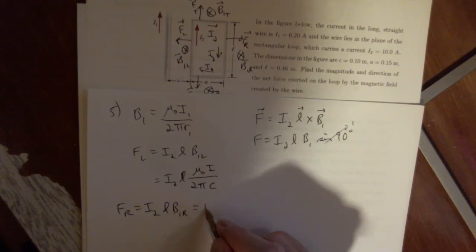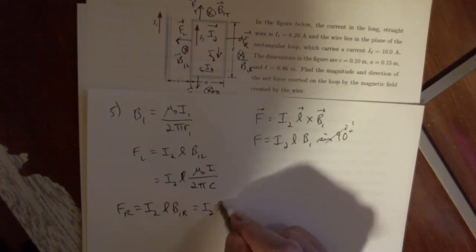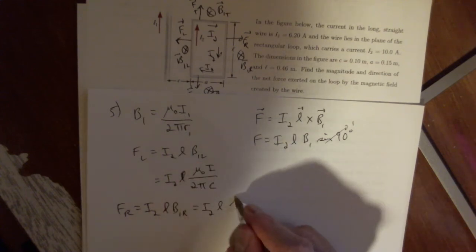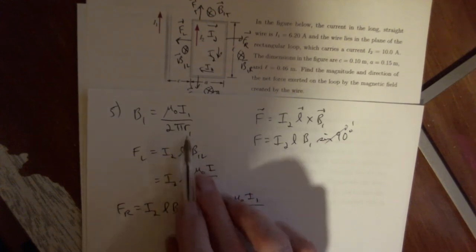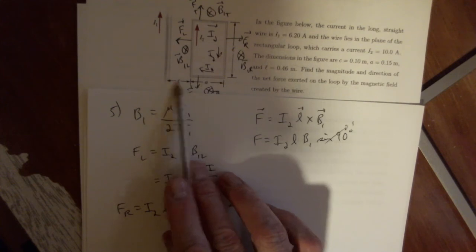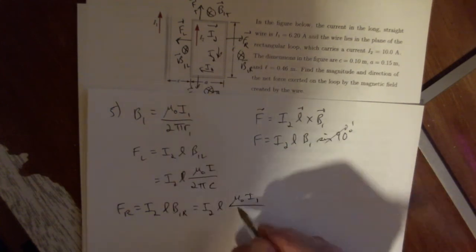So that's I2L. B1 right is mu sub naught I1 over 2 pi R for the right side, which is now C plus A.